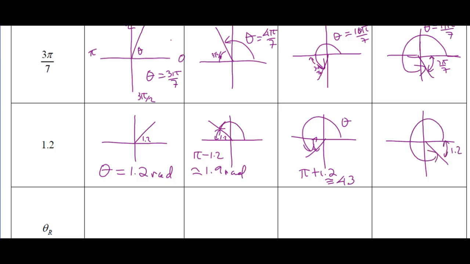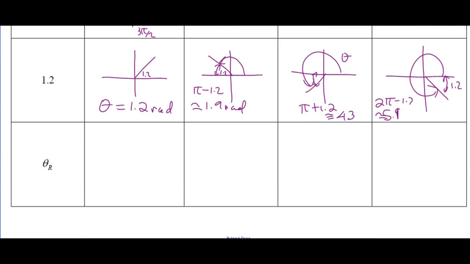That's 1.2, so what's my rotation? 2 pi minus 1.2, which is what? 5.1.